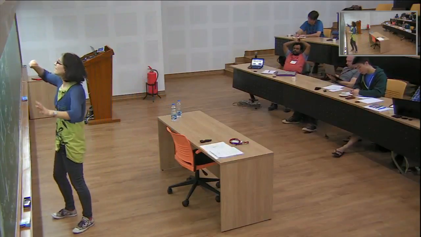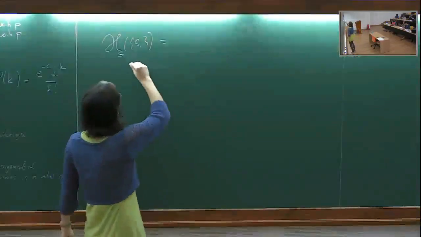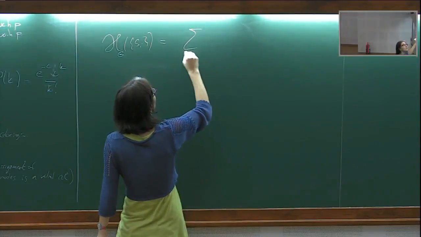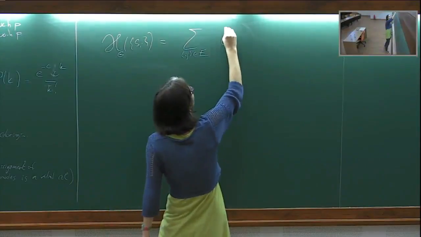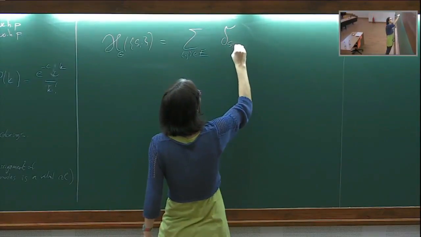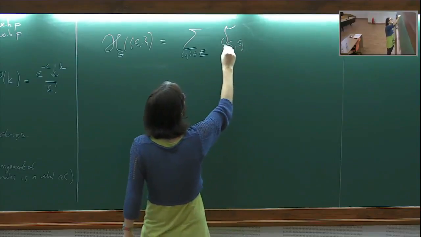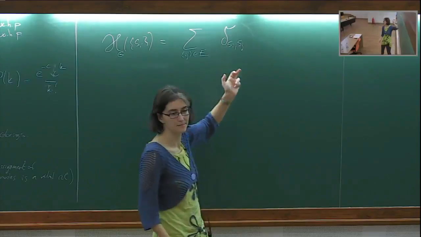So given the graph, the Hamiltonian will be a sum over all the edges, and I will put a 0 here if the colors of the two nodes are different, and I will put a 1 here if the colors of the two nodes are the same.